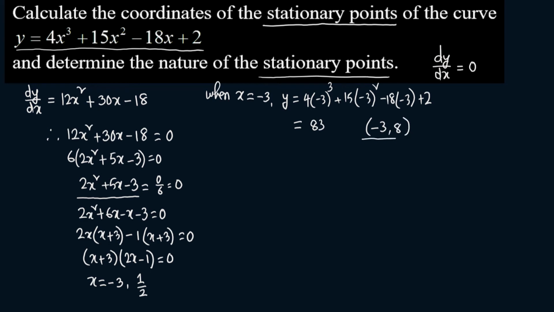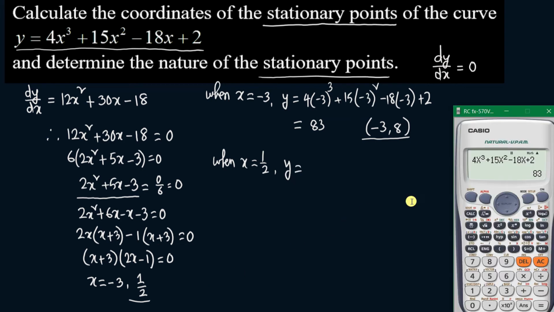We got one coordinate, and we have another x value, which equals half. So let me write, when x equals half, then what is our y value? We can use the same equation. Again, if we press calculate, it asks for another x.